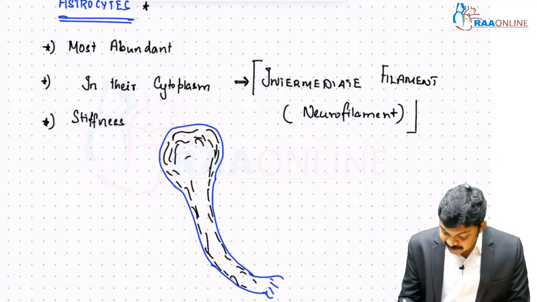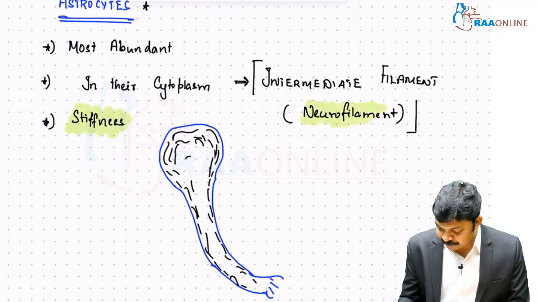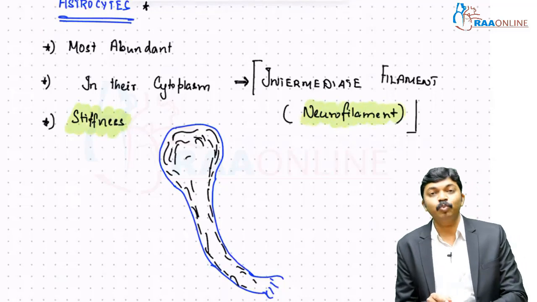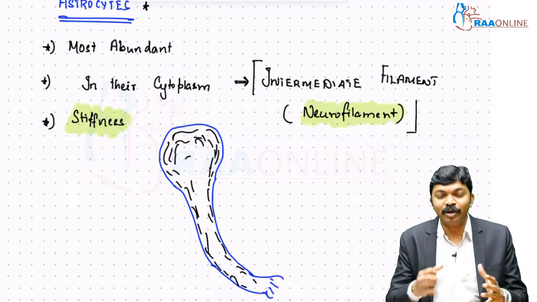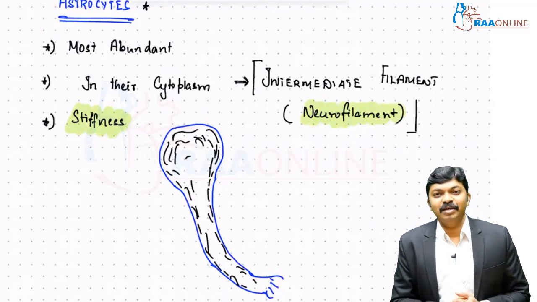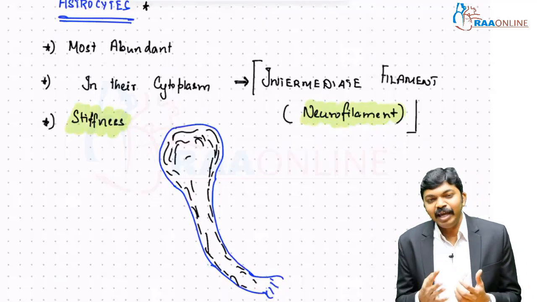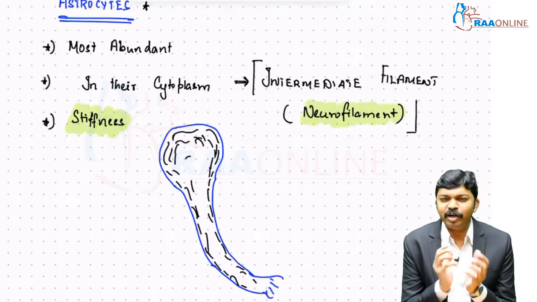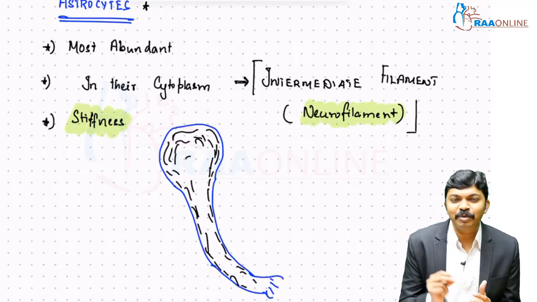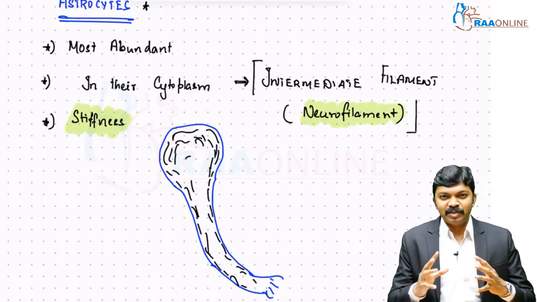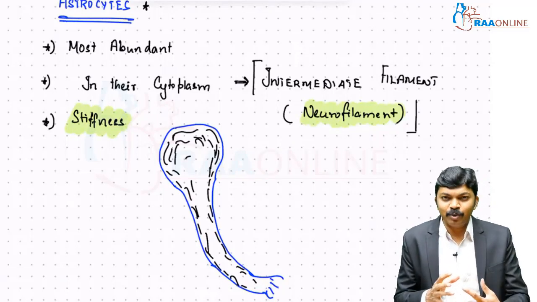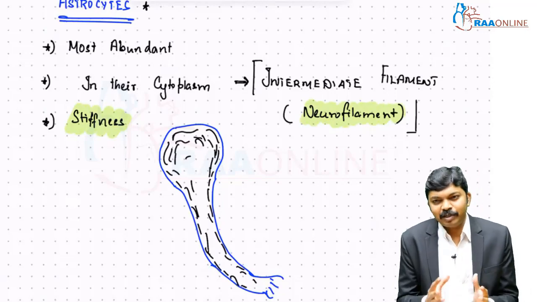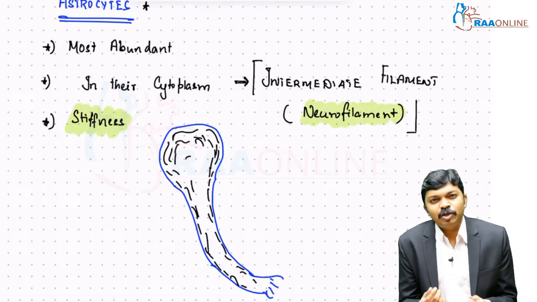And it is this stiffness of an astrocyte, which is contributed by neurofilament, which is nothing but an intermediate filament, that makes the brain remain solid. It's a cell, right? There is high possibility that the brain can be very soft and fragile and vulnerable, but no. What makes the brain look solid? What makes the brain look stiff and rigid in appearance, not being flaccid or jelly?